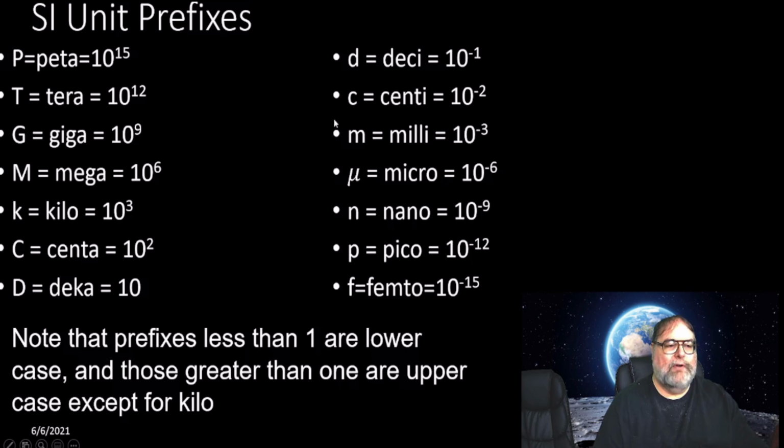All the prefixes that are below 1 are lowercase letters, and this is a lowercase mu, in case you don't know the Greek letter. So like a decimeter is 1/10 of a meter, a centimeter is 100th of a meter, a kilogram is 1,000 grams. So these are here for reference. You should know some of them.